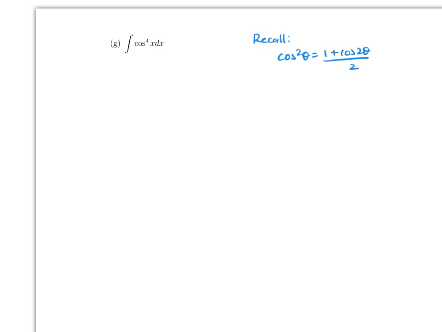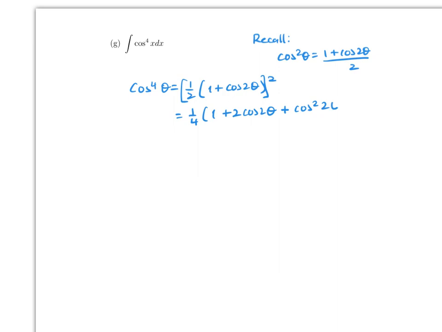So therefore, cosine to the 4th of theta is the same thing as 1/2 times 1 plus cosine 2 theta, squared, the whole thing. So this will give you 1/4, 1 plus 2 cosine 2 theta plus cosine squared 2 theta.